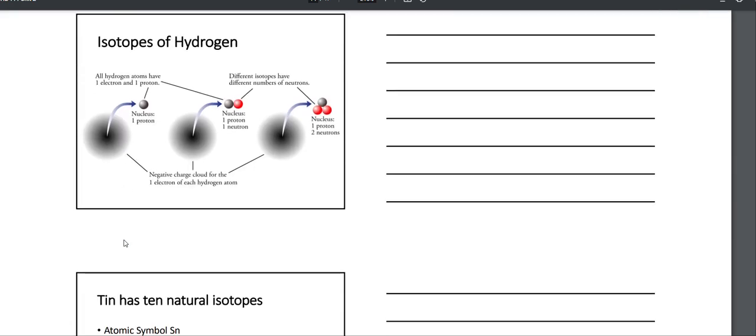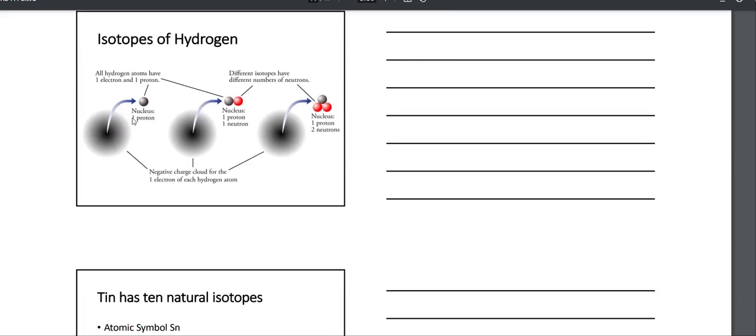All right, let's look at hydrogen, for example. Isotopes of hydrogen, which we also call deuterium. Hydrogen atoms have 1 electron and 1 proton. Looking at the periodic table, different isotopes have different numbers of neutrons. Another neutron is being added to the nucleus, so that makes it 2 neutrons and 1 proton.